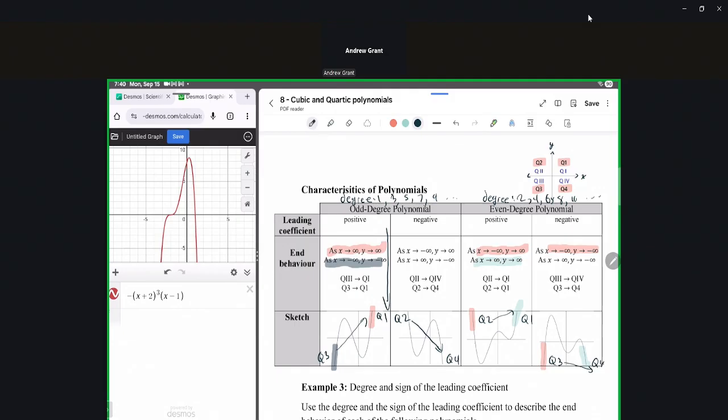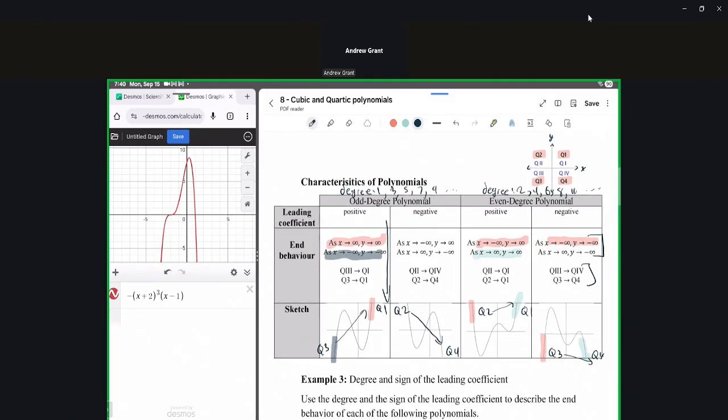That's why I include these two notations. Depending on the book you read, they might use the top notation with the infinities, but most students have universally agreed that talking about the end behavior in terms of what quadrant it starts and what quadrant it ends in is a much easier way to think about this.